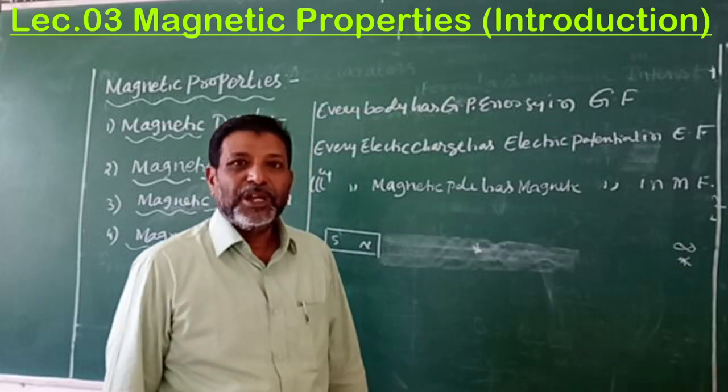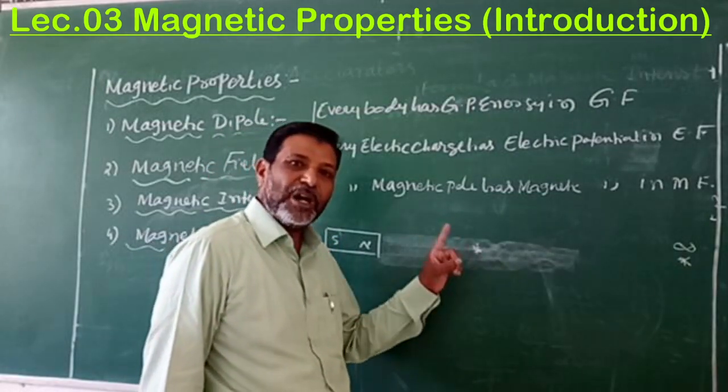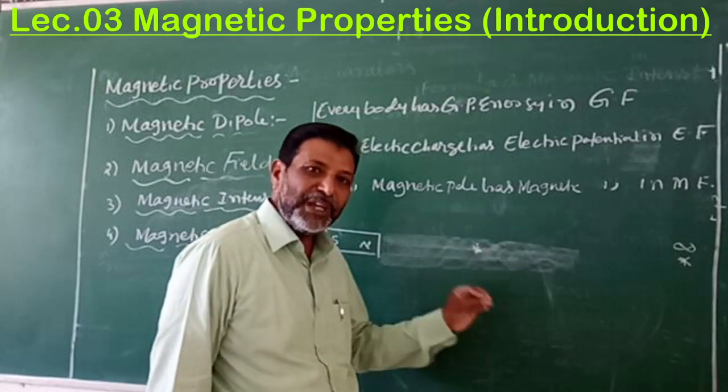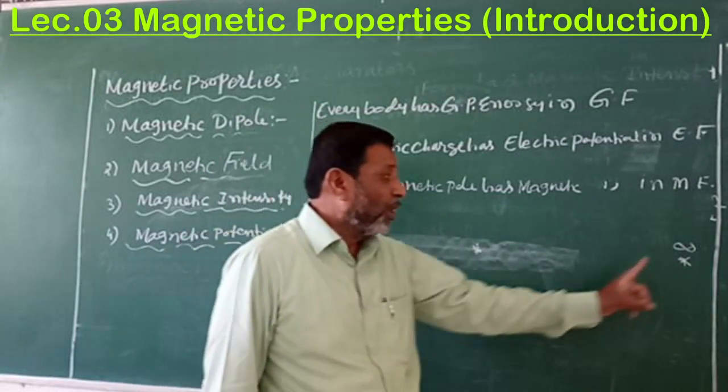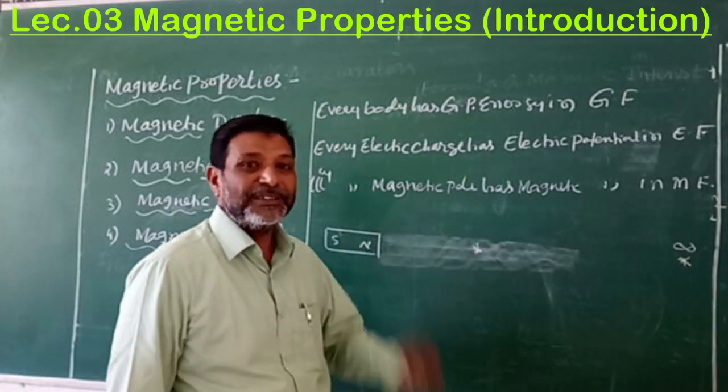Once again, I repeat: magnetic potential at any point in the magnetic field is equal to the amount of work done in bringing a unit north pole from infinity to the point against the field.